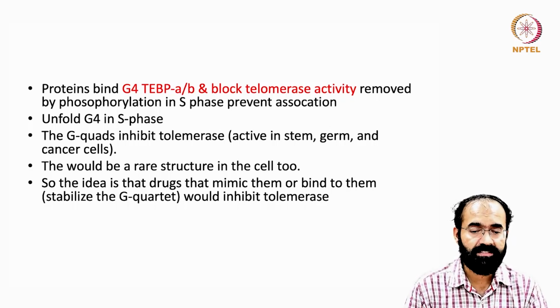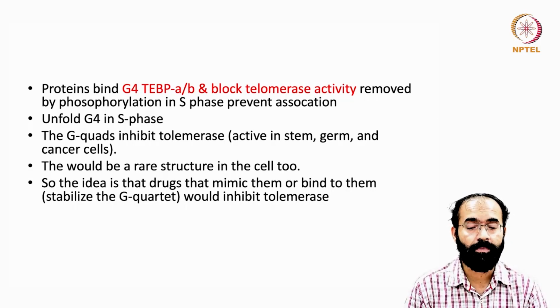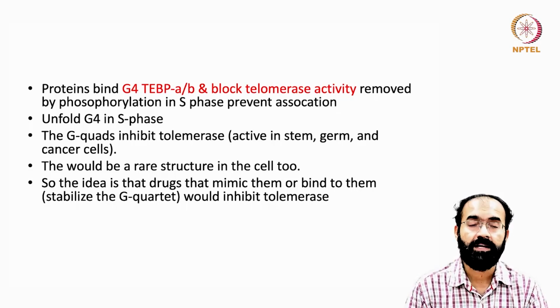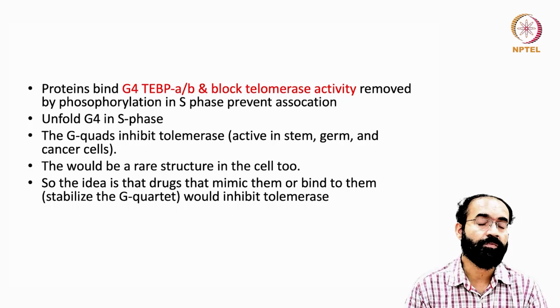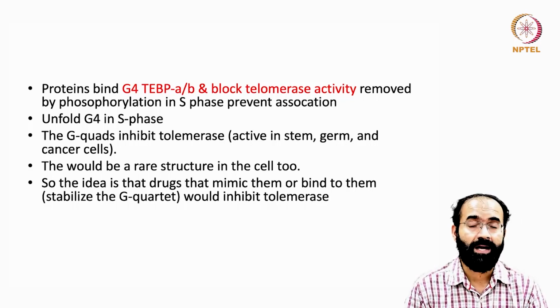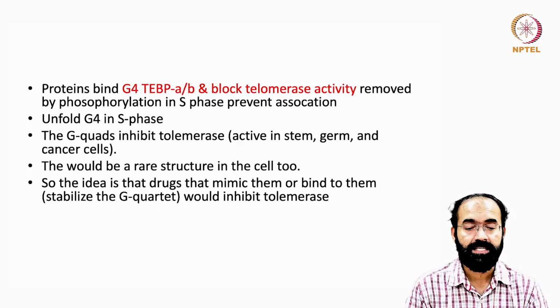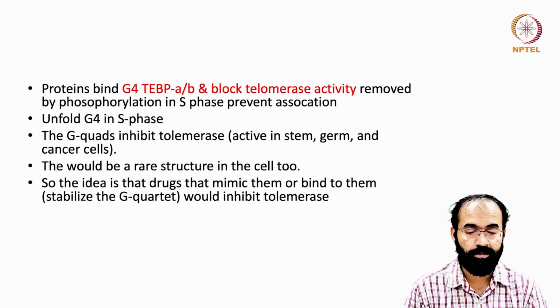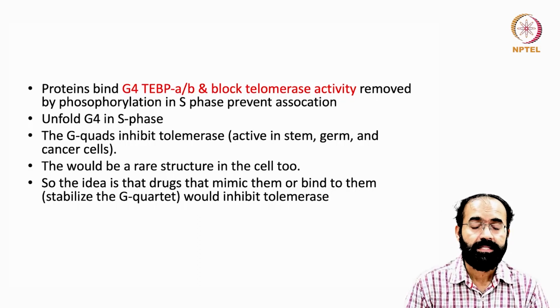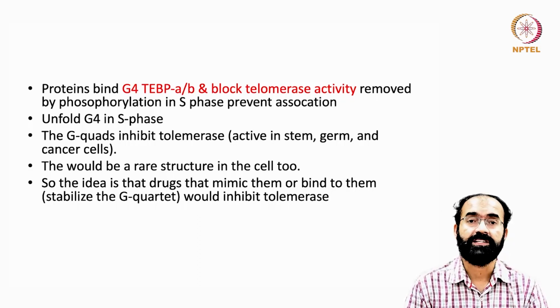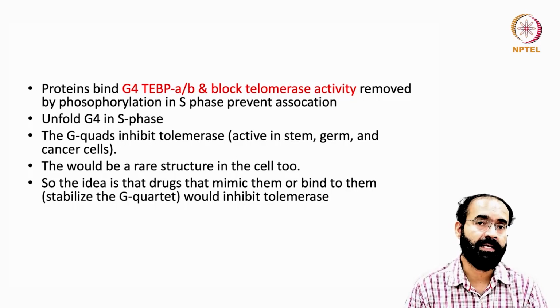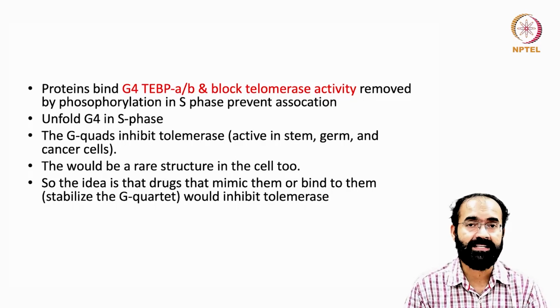The G quadruplex inhibits telomerase, which is normally active in stem cells, germ cells, and also in cancer cells. However, the activity of telomerase can be hindered by the G quadruplex and the associated proteins. So it would be a rare structure in stem cells and cancer cells.